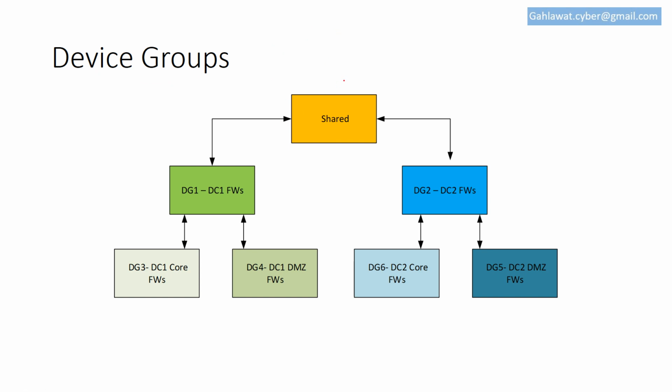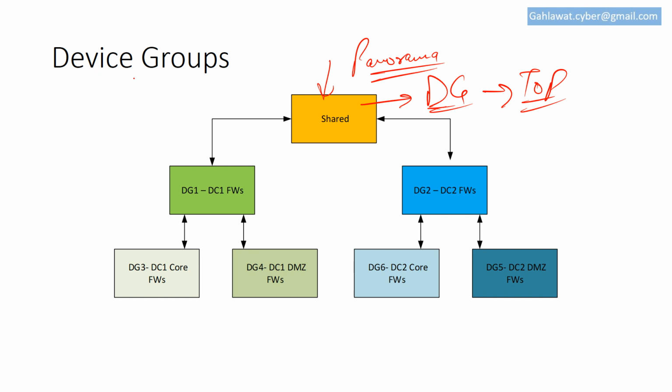So by default, each Panorama has a shared device group which sits at the top in the device group hierarchy. Now if an admin is adding the first device group in the Panorama configuration, then that will be a child of the shared device group.